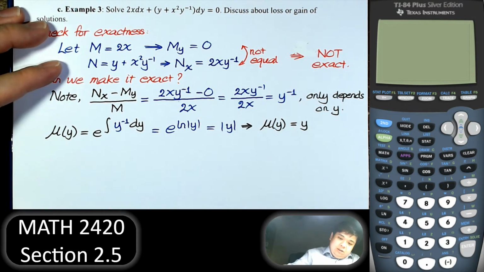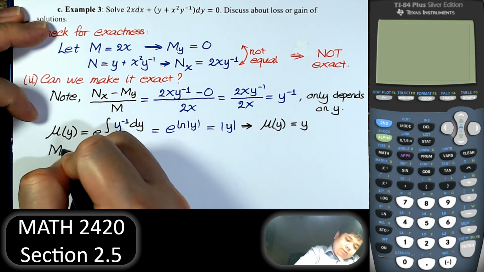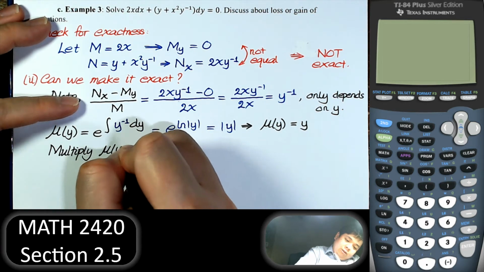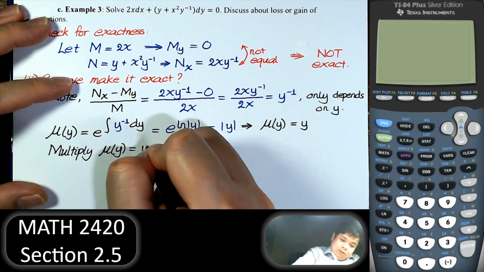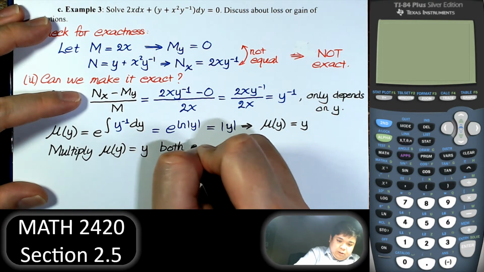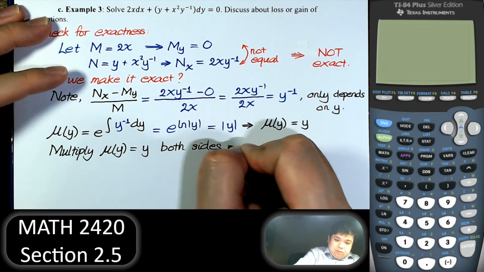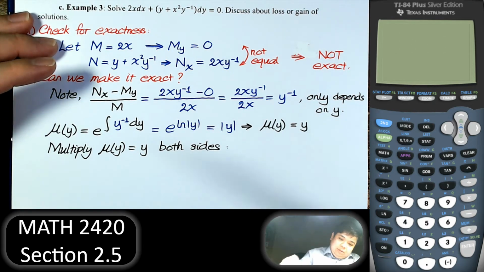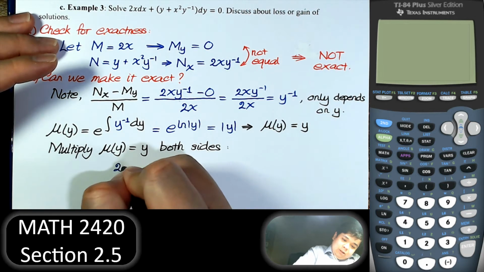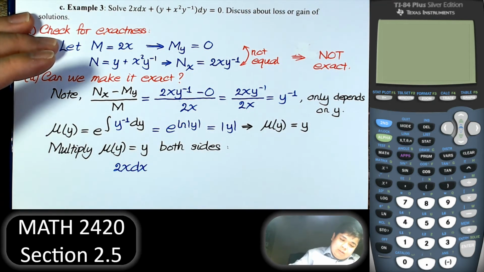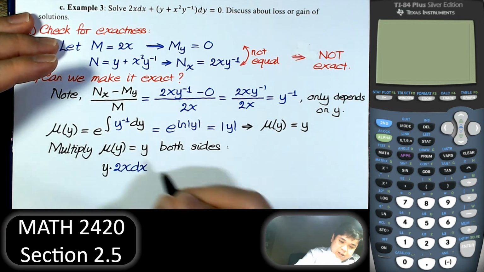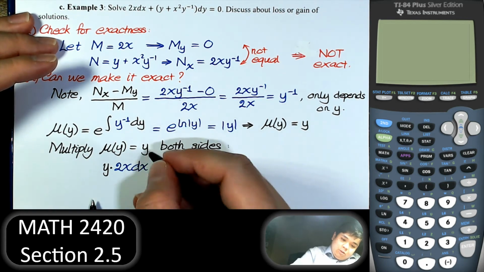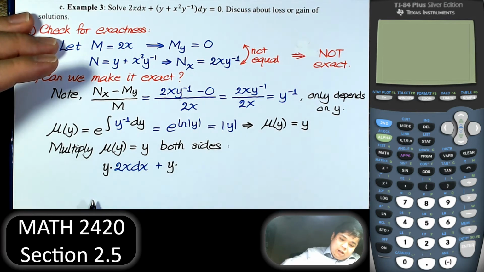So multiply by y on both sides. 2x dx multiplied by y, and then plus y multiplied inside.